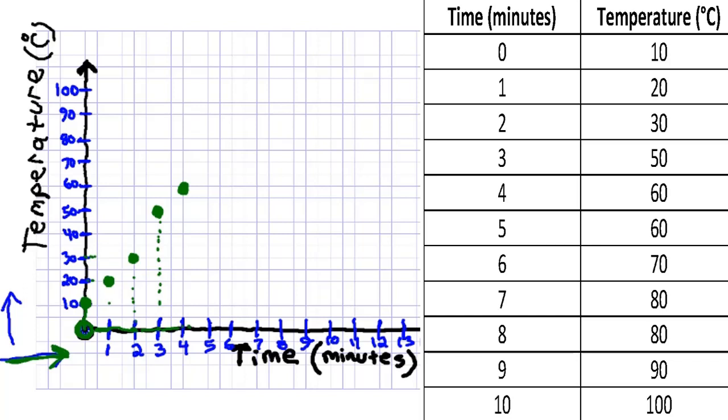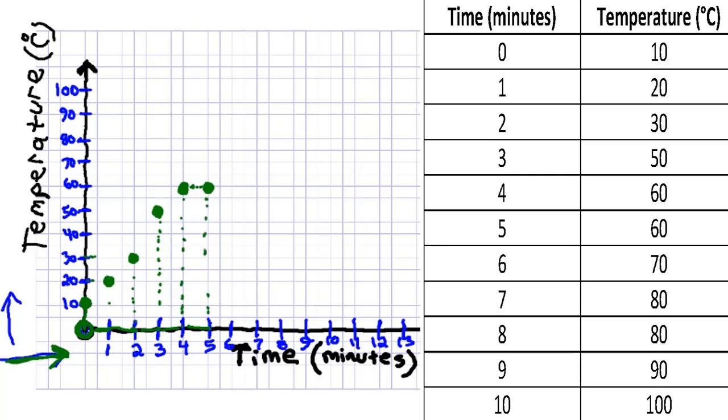So at 5 minutes on our timeline down here, it's going to be 60 degrees Celsius. So that dot is going to be even with our previous dot at 4 minutes, 60 degrees Celsius. See how they're even between them? But one is at 4 minutes and the other one is at 5 minutes.